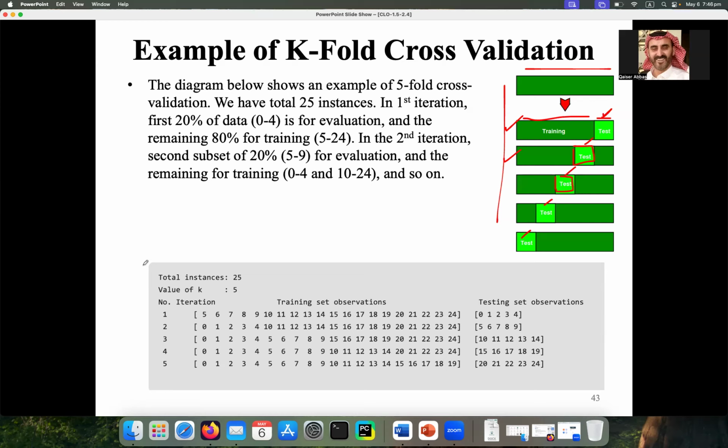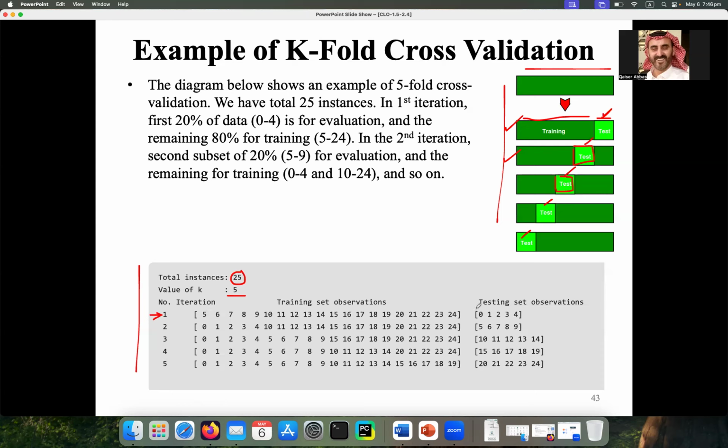Similarly, what is this picture showing? In this picture, your data set has 25 instances, 25 total examples. And here, if the value of k is 5, what would be the number of iterations? In the first iteration, the training set would be like that.